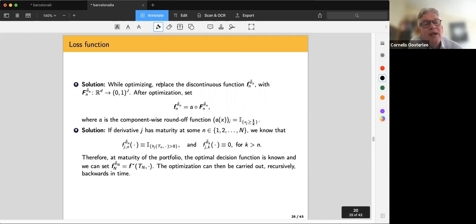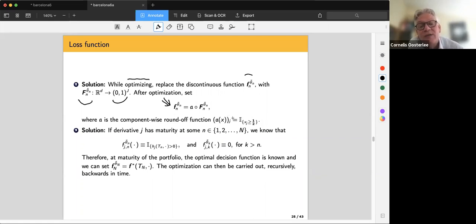The first solution is that when we optimize in our neural network, we replace the discontinuous function with a capital F, which is a continuous function running from R^d to the interval [0,1] to the j. After optimization, we make it discontinuous again with an operator script alpha, which is the component-wise round-off function.